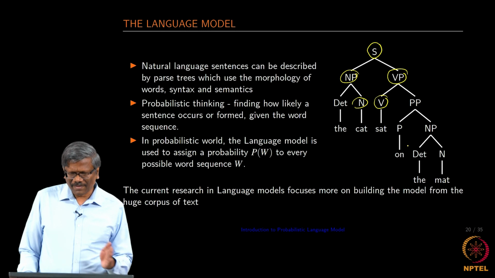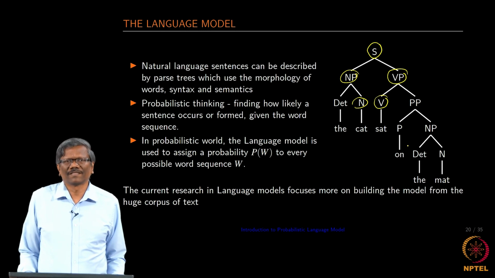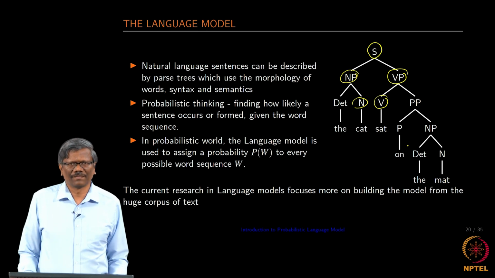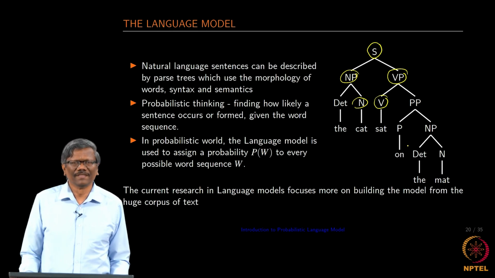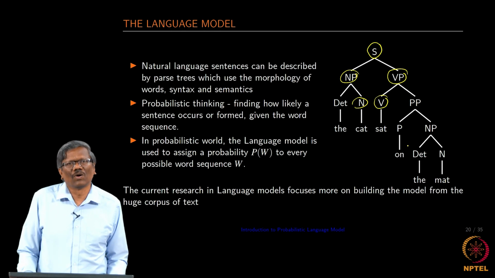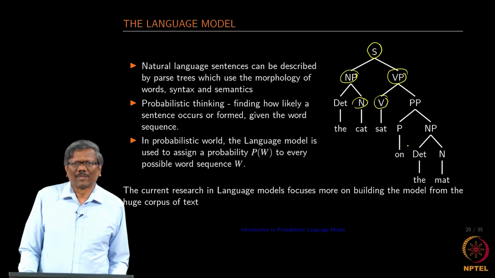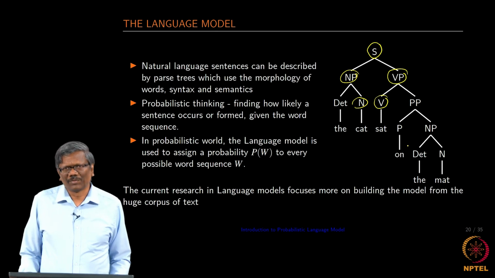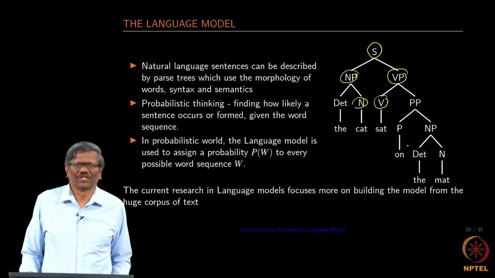In this class, we will not be dealing with the linguistic elements of how you construct the sentence. We will try to see how sentences can be constructed using the probability and the score that we compute by looking at a very large corpus.